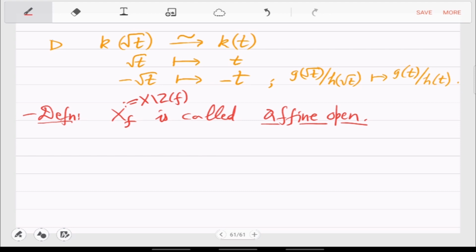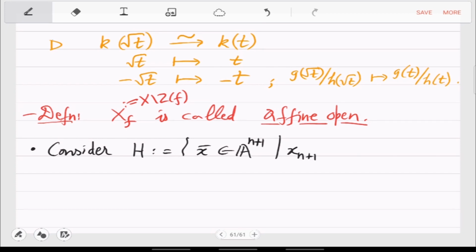So let's consider the following. Consider H to be the set of points in a bigger space, affine n+1 space, like this.